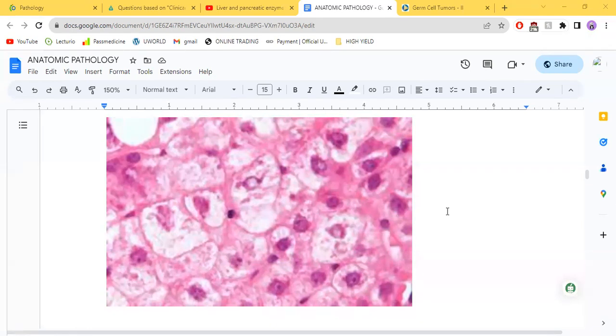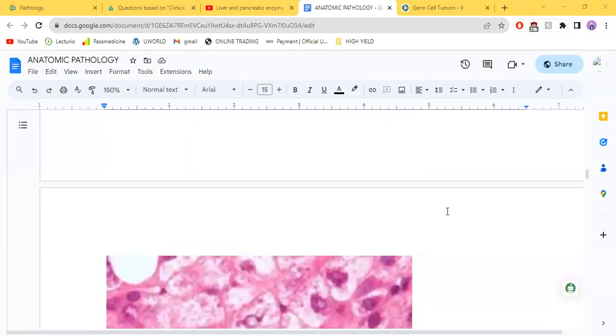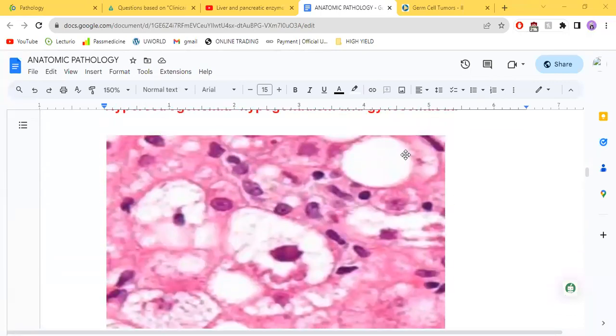At the top right hand corner, there's this whitish cell or whitish space. That's what we use to guide us to know this is a picture of Mallory-Denk bodies. It's not that this is the pathology, this is just the mnemonic we use.